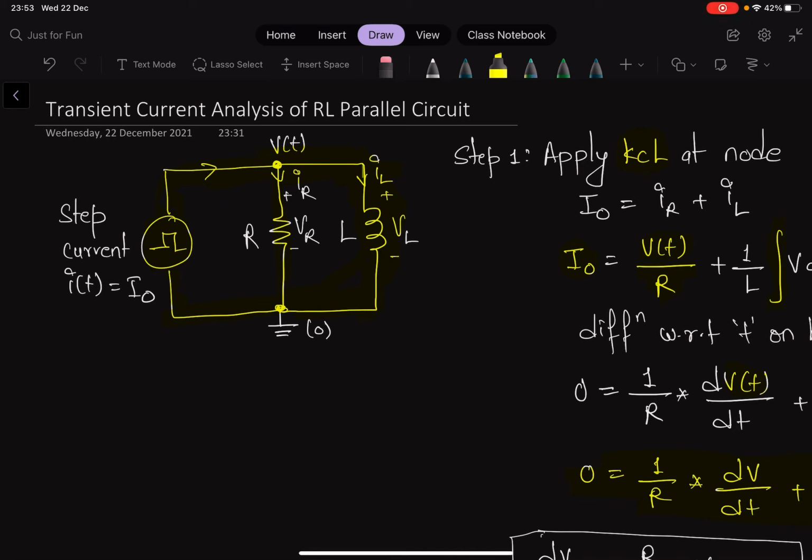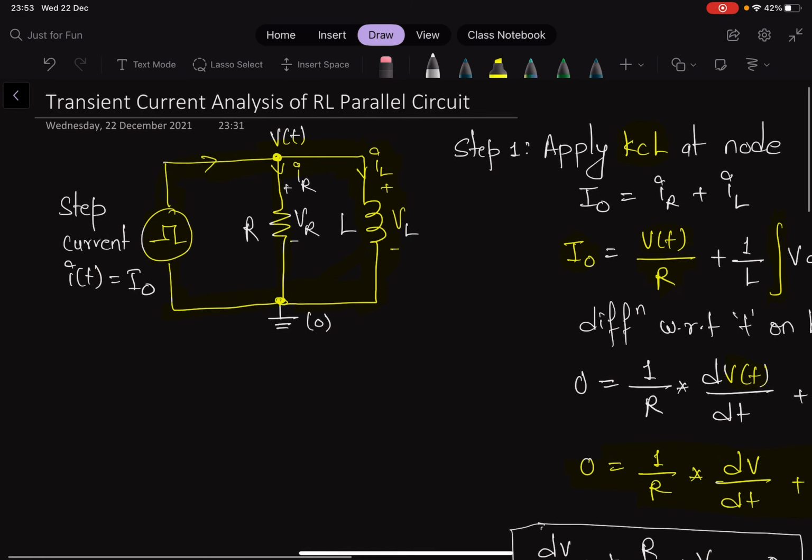The inductor current is going to be the same at 0 minus and 0 plus, that's the characteristic of the inductor, because the nature of an inductor is that it tries to maintain the same current.